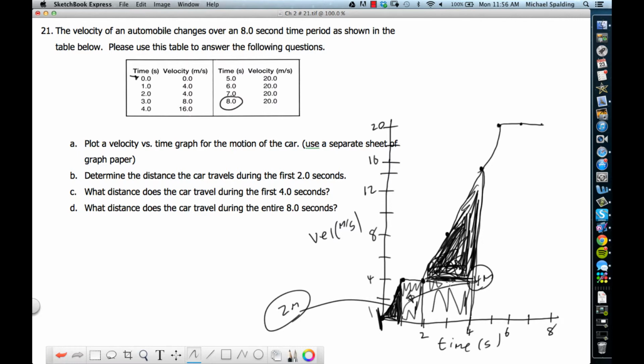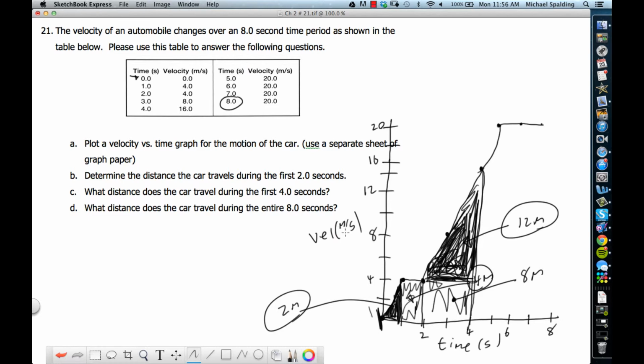The area of that rectangle is going to be 2 times 4, that's going to be 8. And then the area of the triangle is going to be 2 times, what's the height of that triangle? 12. It would be 24, so it's going to be 12 meters. Wait, isn't it 8? Hold on, let me check it.